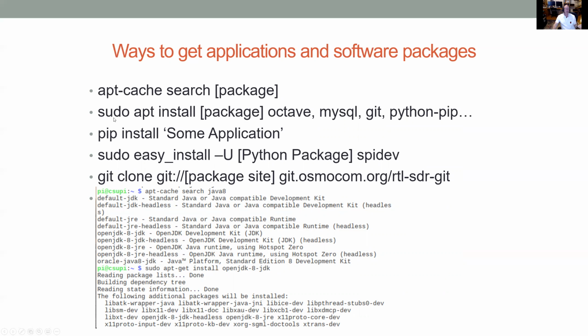To do elevated mode, you do sudo, which means substitute user, and do the following command. So substitute user in this case means root. So you elevate yourself up to a level that can do installations, and then you install a package like Octave or Python pip or something else.